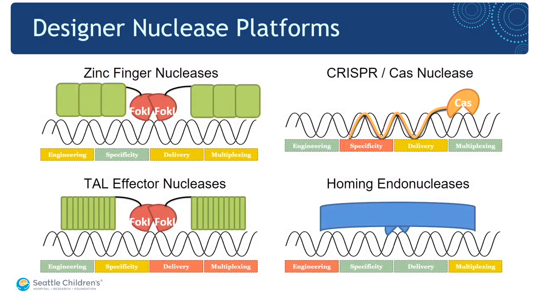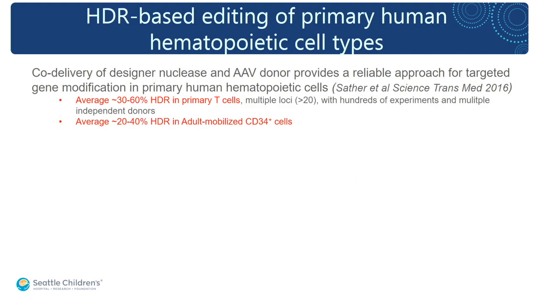Here in Seattle, we've been very good at engineering a type of homing endonuclease, which is a designer nuclease. But in our lab, we're using all of these platforms, and a lot of the work that I'll describe is done with CRISPR. I think these platforms are familiar to you all, but one of the roadblocks in the field had been, when you introduce this designer nuclease, how do you get this repair template into a primary cell and get homology directed repair to happen?